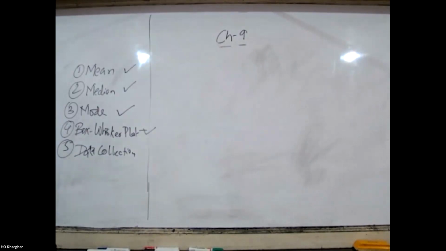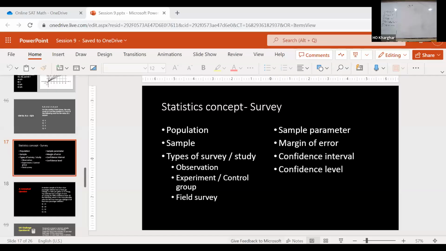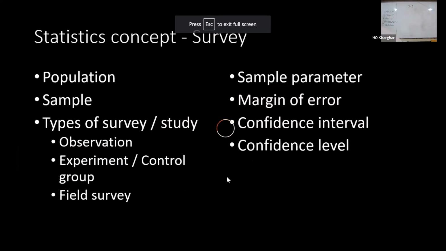In the next 20 minutes, I plan to cover population, sample, types of surveys, sample parameter, margin of error, confidence interval, and confidence level from the SAT's perspective. This is all very basic, at an introductory level.